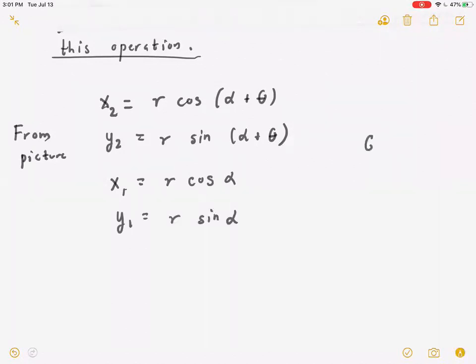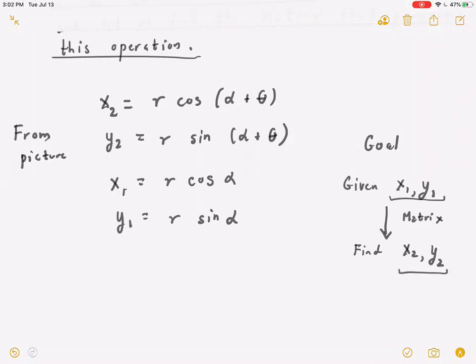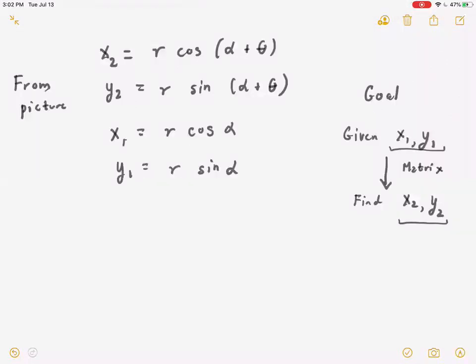So what are we trying to do here? The goal is that we are given x sub 1 and y sub 1, and we want to find x sub 2, y sub 2. And in particular, we want to find the matrix that acts on R sub 1 and turns it into R sub 2. So we're going to need some tools. Euler's formula is going to be very useful. We've introduced it before.